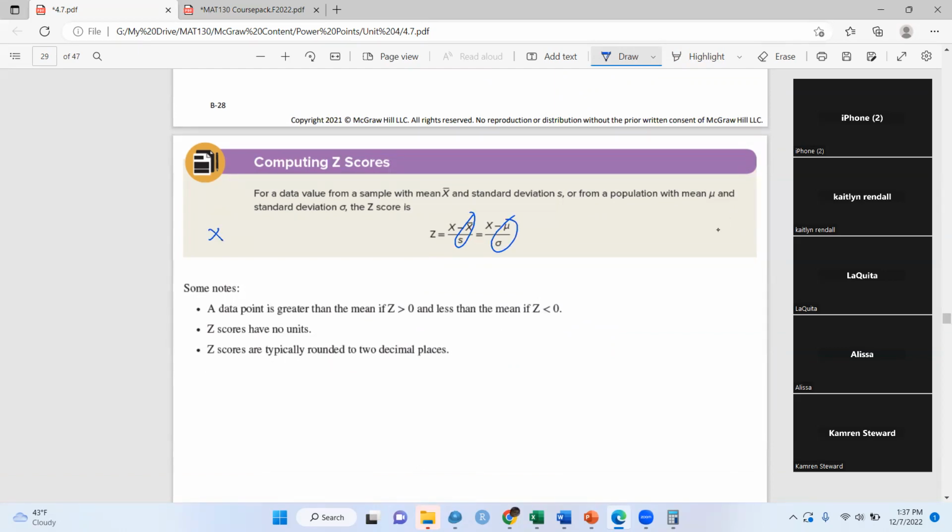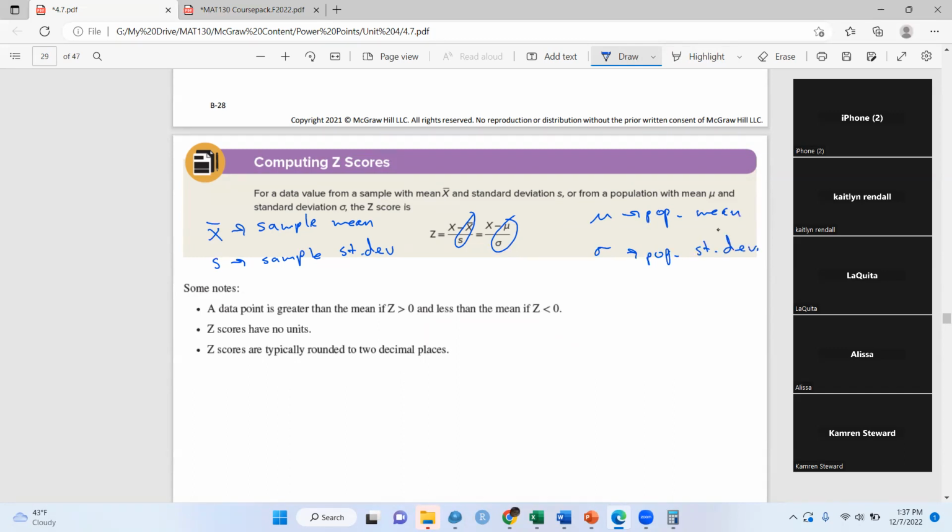Recall that X bar is a sample mean and S is a sample standard deviation. Again, I'm asking you in the project to show me you know these two symbols. And then mu is a population mean, and sigma there is a population standard deviation.